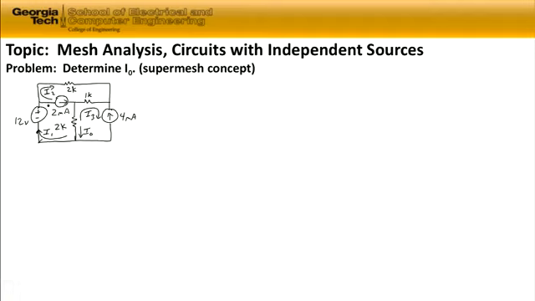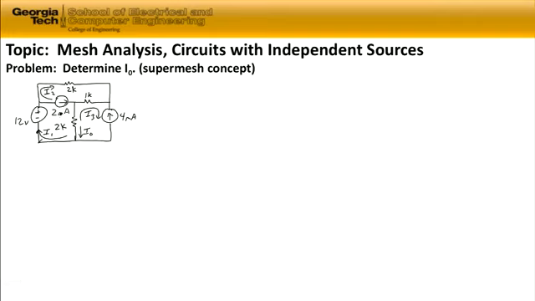Sure, we could assign another variable, maybe V 2 milliamps, but that adds another variable to the problem. Instead of just three unknowns, I1 through I3, we'd have a fourth unknown, V 2 milliamps. In order to avoid that, we use the concept of supermesh.